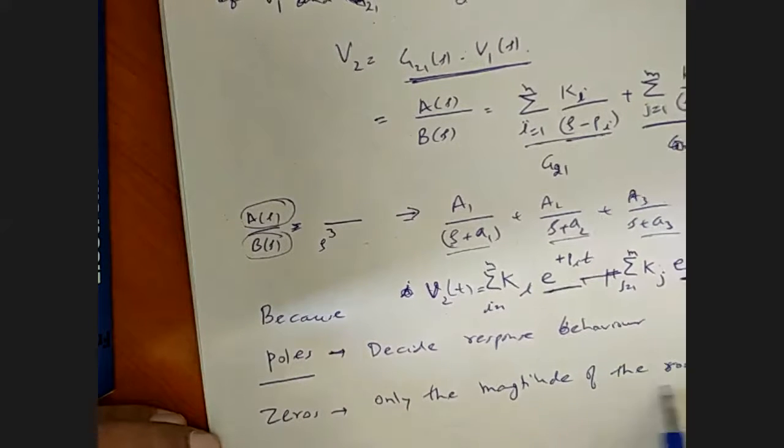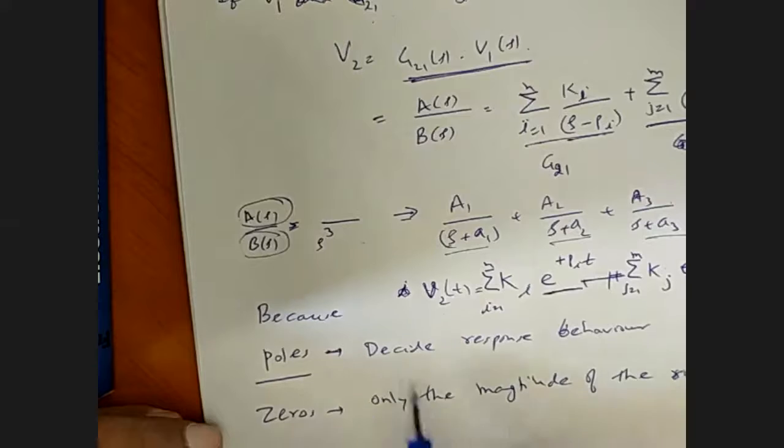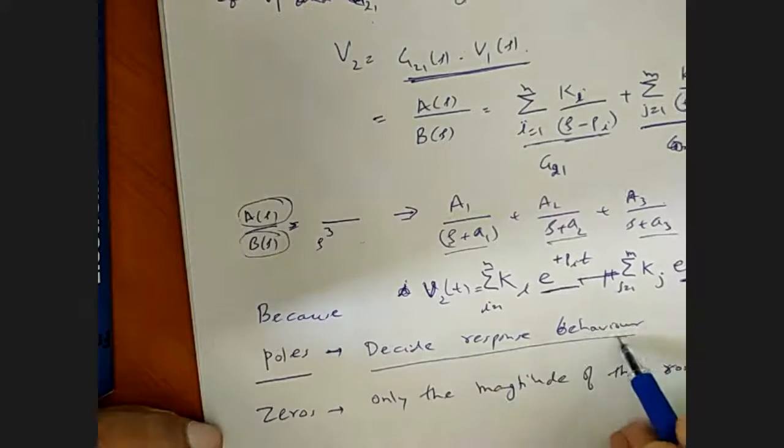So this will be decided on the magnitude, and poles will be deciding the behavior.